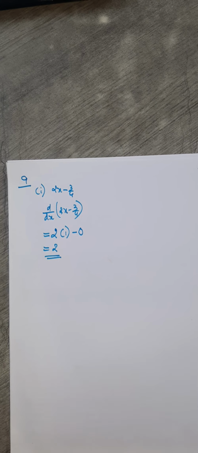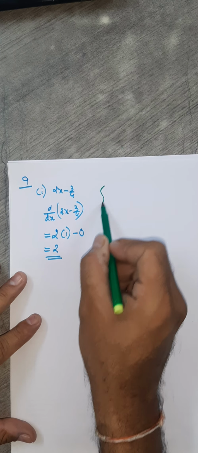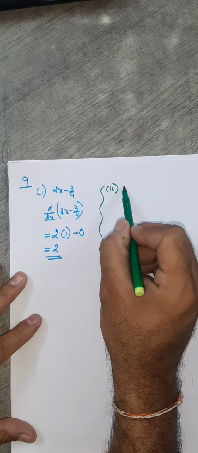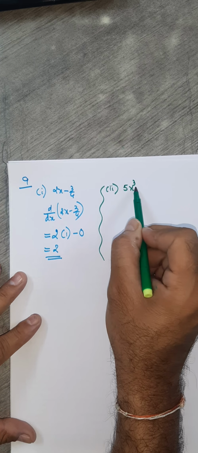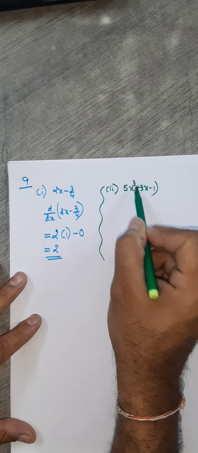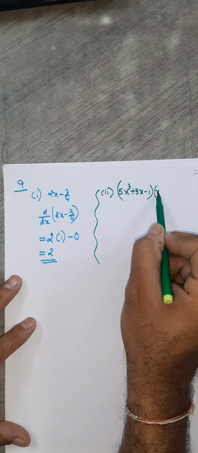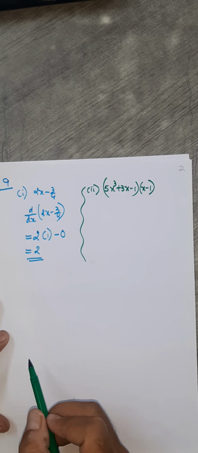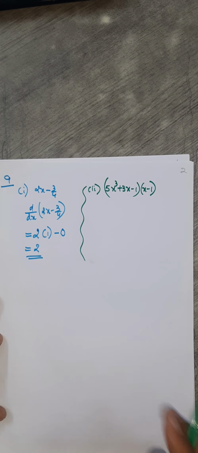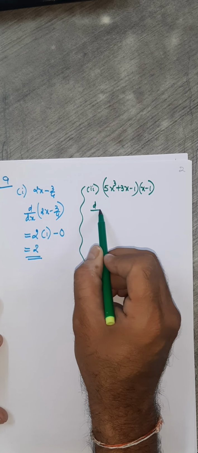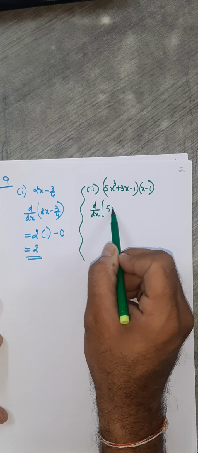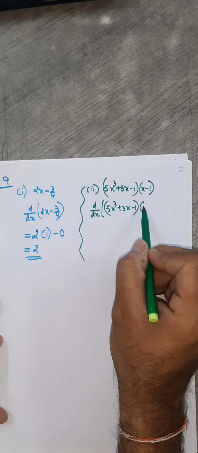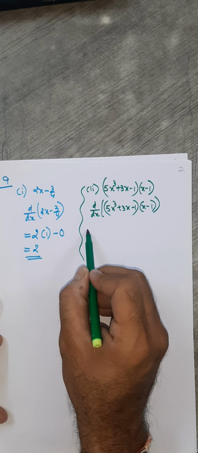Next, let's go to second one here. What about second one? There you have 5x cube plus 3x minus 1 into x minus 1. You have product of two functions. Here you have product of two functions. I'll use the product rule. Let me write d by dx of 5x cube plus 3x minus 1 into x minus 1.